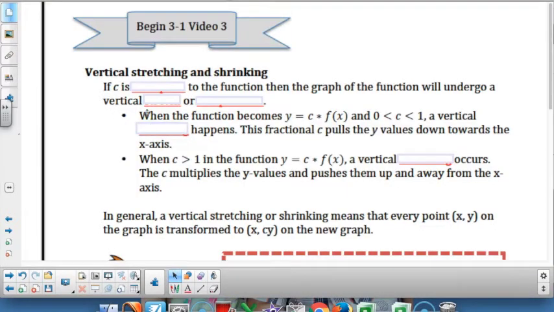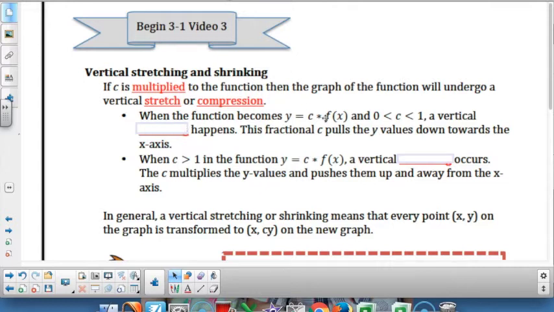Vertical stretching and shrinking happens if C is multiplied to the function. Then your graph is going to undergo either a vertical stretch or a vertical compression, or shrink. So basically, it's very straightforward. It's very common sense.